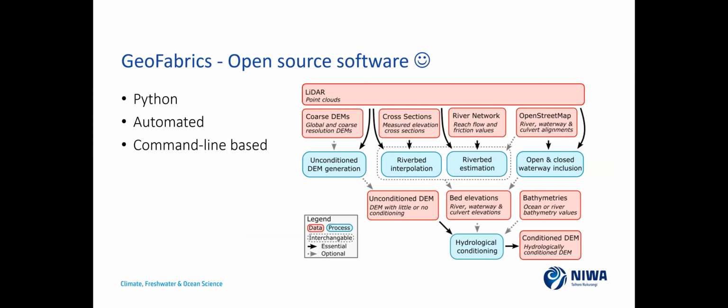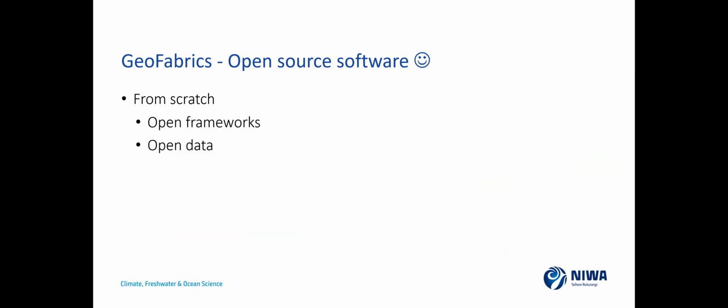Looking at what it was going to be used for, we wanted to roll it out across New Zealand, and we wanted to be able to do this automatically. So I opted for a command line based solution. So no GUI here. And having had a bit of a look around the tools that were available, I opted to use Python as the language of choice.